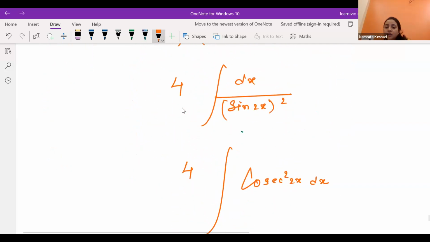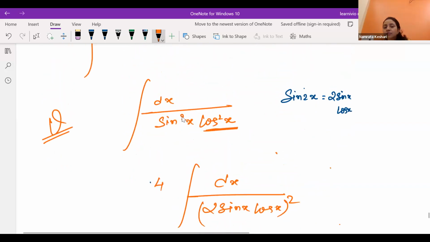Okay. So here we applied an identity to this question. We can also do this question by converting sine square x into cos square x, 1 minus cos square x, and then think about what can be done.